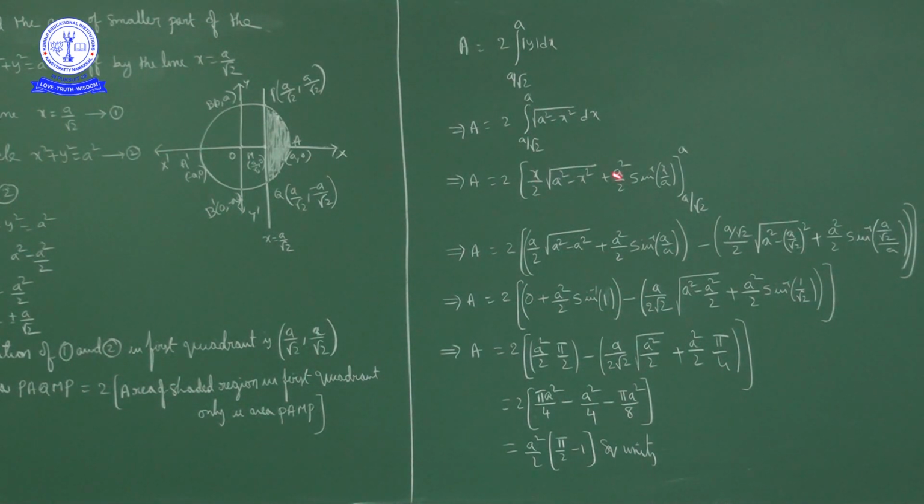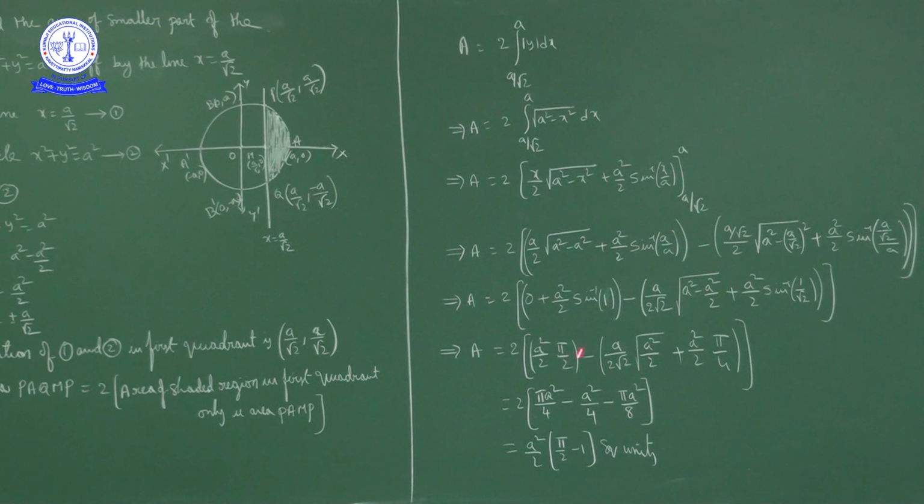If we substitute in place of x, what do we have? a upon root 2 upon 2 into square root of a square minus a by root 2 whole square, plus a square by 2 into sin inverse of a by root 2 by a. Here the a gets cancelled. So the area is equal to 2 times a by 2 into a square minus a square 0, so this term is 0, plus a square by 2 into sin inverse of a by a, which is 1, sin inverse of 1, minus a by 2 root 2 into square root of a square minus a square by 2, plus a square by 2 into sin inverse of 1 upon root 2, because the a gets cancelled.